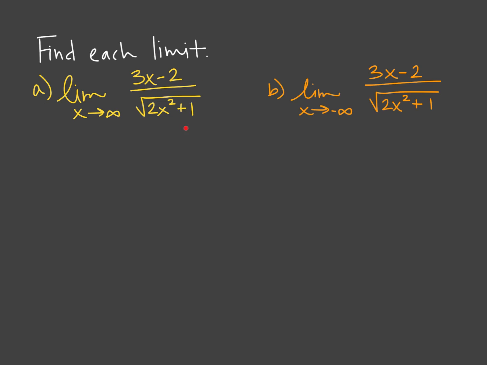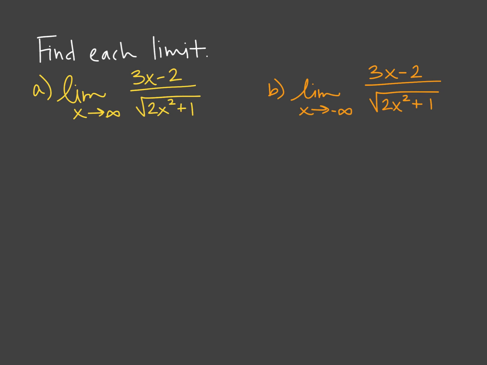Let's take a look at our first function here. We're going to use the same process in that we want to divide by basically the degree, that term that is in the denominator. Well, if we take a look down here, we see that we have 2x squared as our leading term. I'm not going to worry about the 2. We have x squared, but it's under a square root, so we essentially have the square root of x squared. That's just x. So I'll write that out.